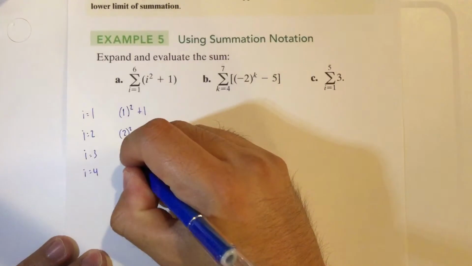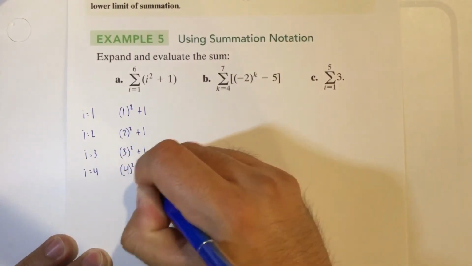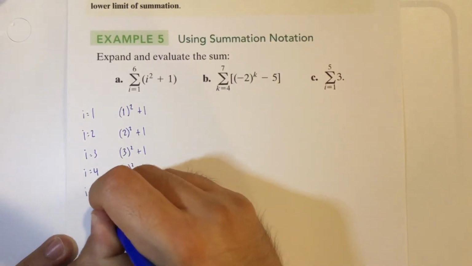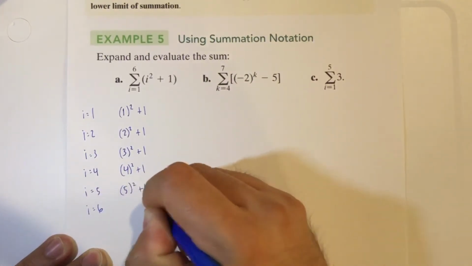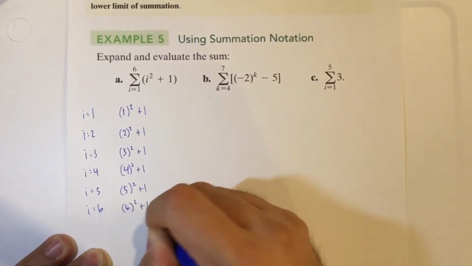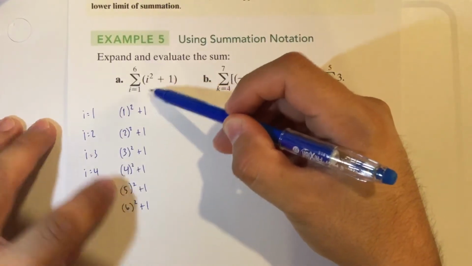Then we have 3 squared plus 1, 4 squared plus 1, 5 squared plus 1, 6 squared plus 1. What you notice is I've just plugged 1, 2, 3, 4, all the way to 6 into here.